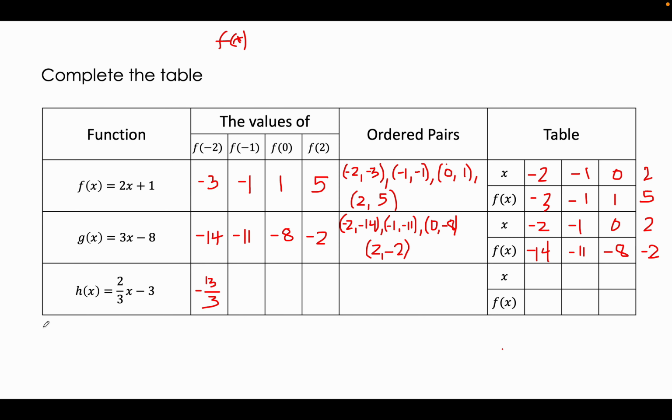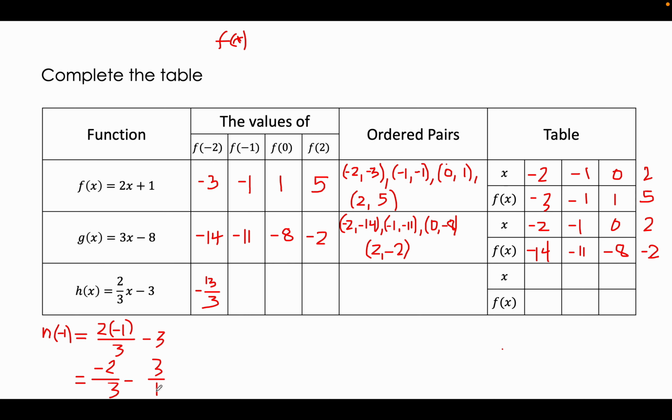So, we have here h of negative 1 equals, ipakita nyo yung solution nyo na ganito ha. So, gamitin ko na kanina yung 2 times negative 1 over 3 minus 3. Then, 2 times negative 1 is negative 2 over 3 minus 3. So, it is understood over 1. Then, pareho lang kanina, 3 and 1.